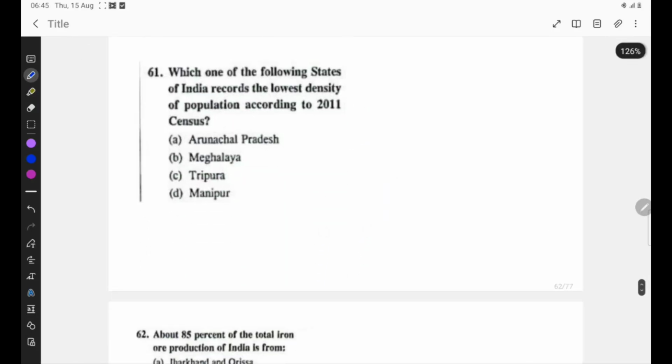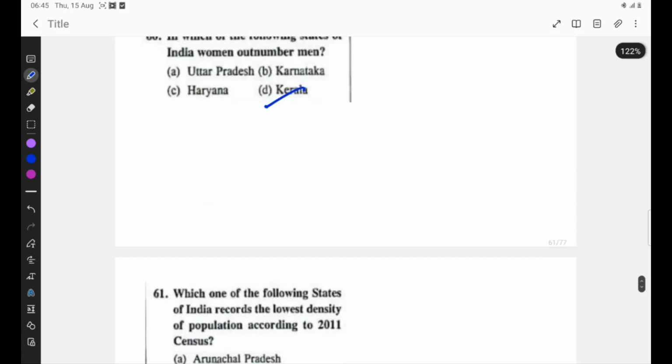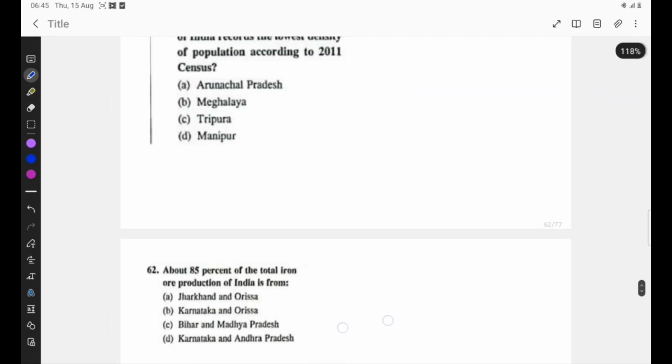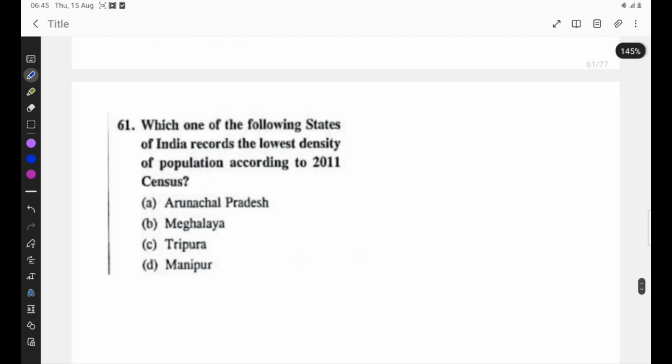Which one of the following states of India records the lowest density of population according to 2011 census? Arunachal, Meghalaya, Tripura, or Manipur? The answer is Arunachal Pradesh with 17 persons per square kilometer.